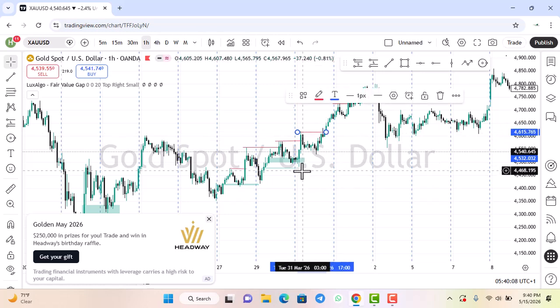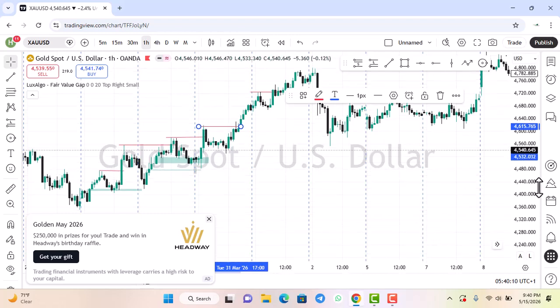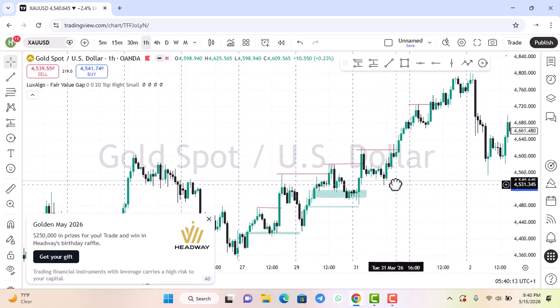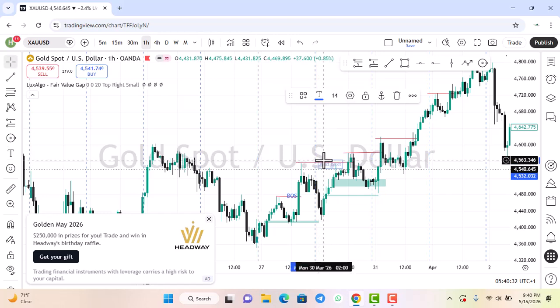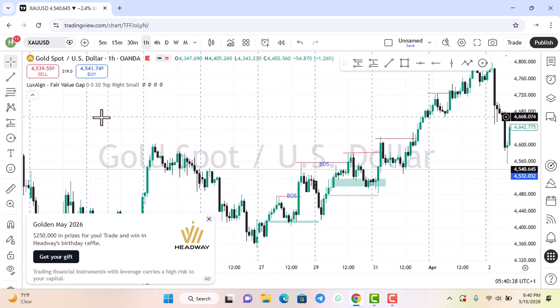So guys, you can see this is our valid break of structure right here. Valid break of structure, BOS. This is our valid break of structure, BOS, right?